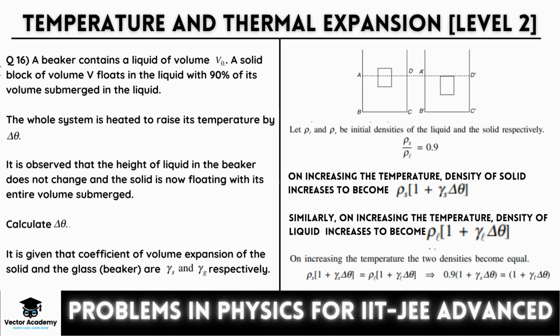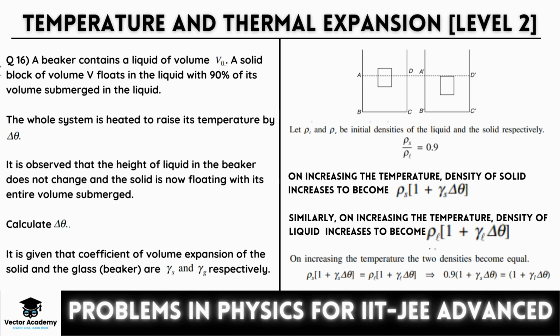On increasing the temperature by delta theta, density of solid becomes ρS multiplied by 1 plus coefficient of volume expansion of the solid gamma S into change in temperature delta theta.